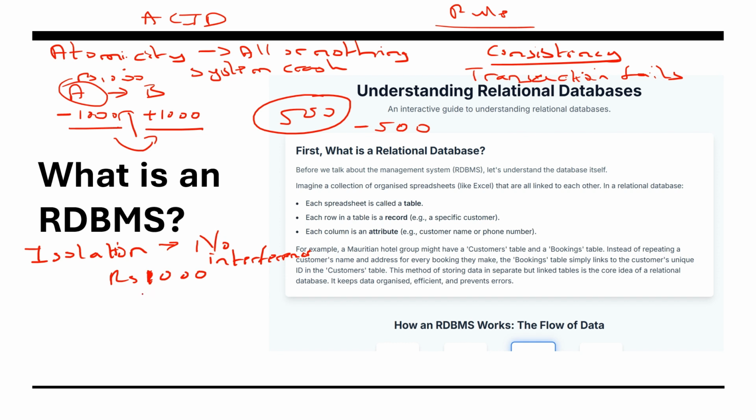It's as if the transaction was done one after the other. Even if they happen at the same time, it's as if the transactions have been done one after the other. Whether me first or my wife first, it doesn't matter, but it is as if they happen one after the other. That is the concept of isolation. It doesn't make an interference. So transactions, by considering the concept of isolation, do not conflict when run in parallel.